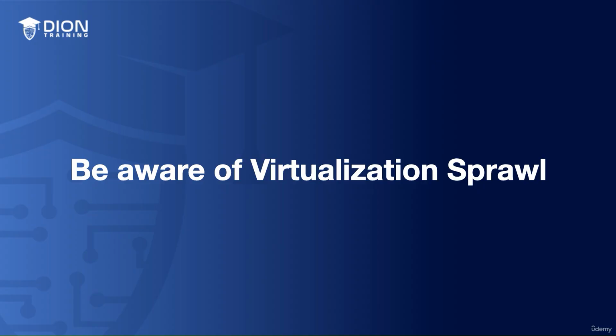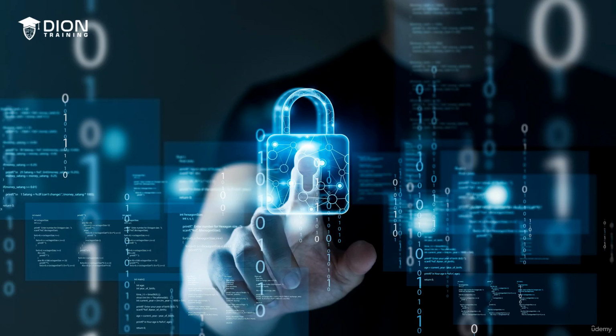Be aware of virtualization sprawl, where VMs are created and deployed without proper oversight, making it easy to lose track of them. Lastly, enable encryption of the file that hosts the VMs to ensure safety and confidentiality. This protects the VM files from unauthorized access on the server.